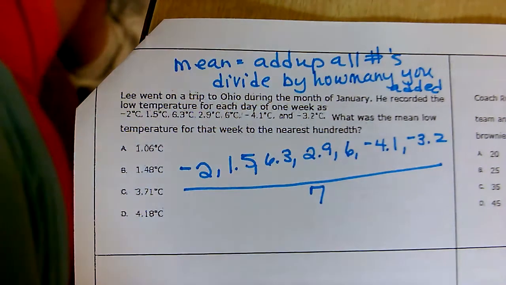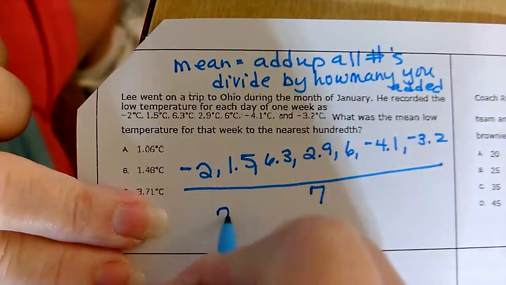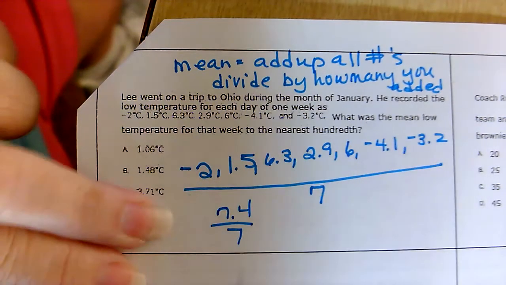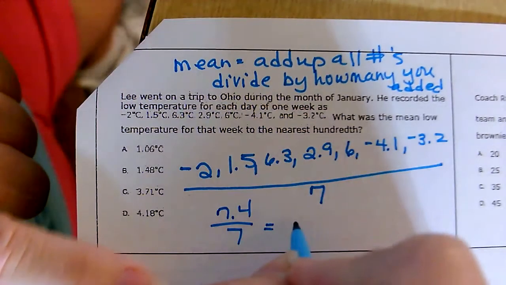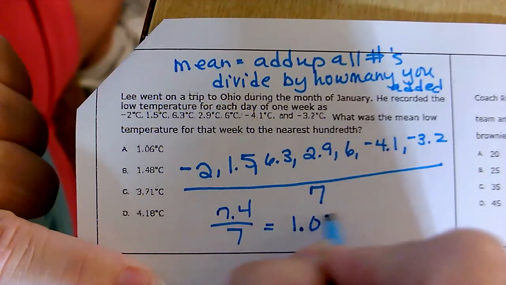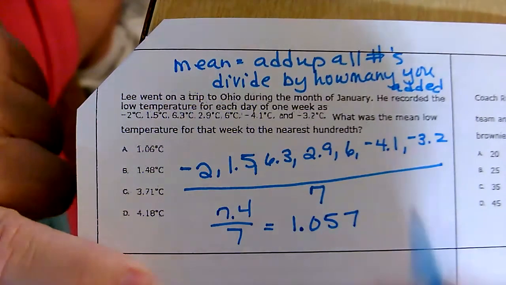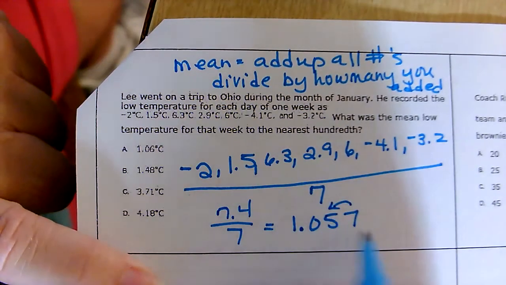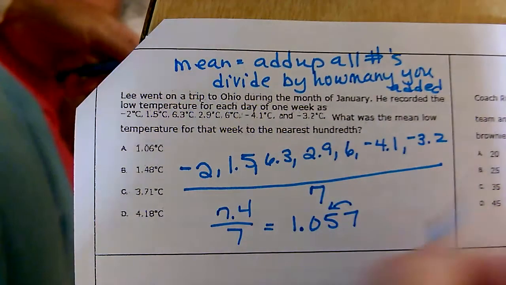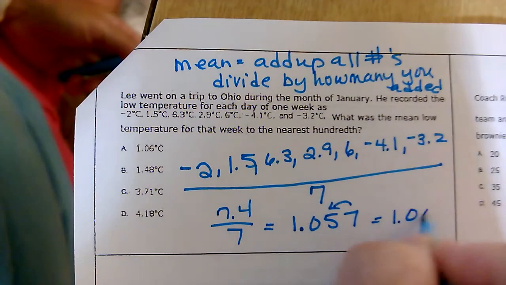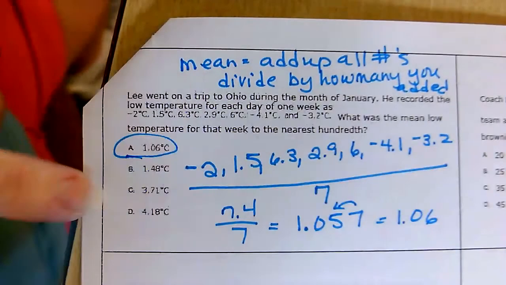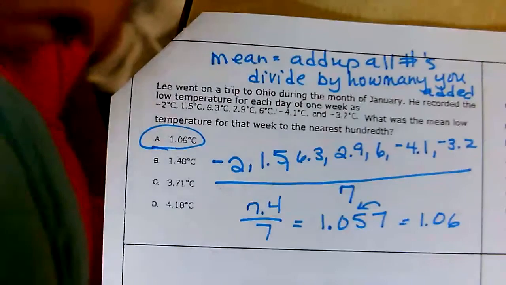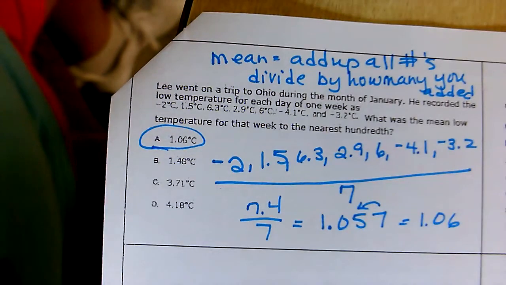And when we add all of these up, we get 7.4 divided by 7, and that's going to equal 1.057. And if we round up, that number's higher than 5, so it's going to be 1.06, which is A. So remember that.